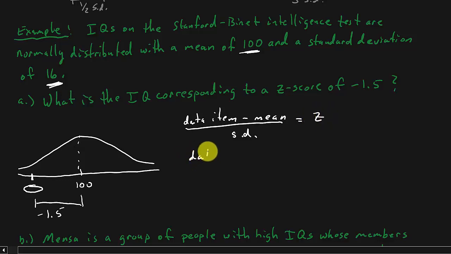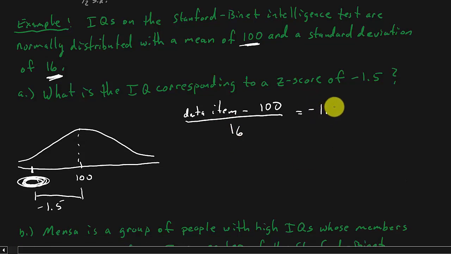So I've got the data item, which we don't know. That's what we're looking for right here. But the data item minus the mean over the standard deviation is equal to negative 1.5.